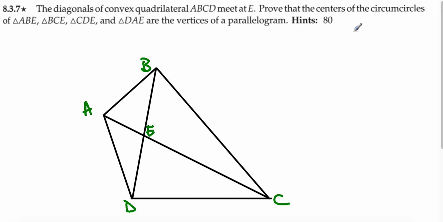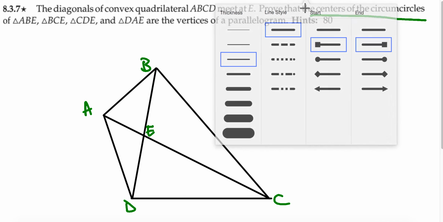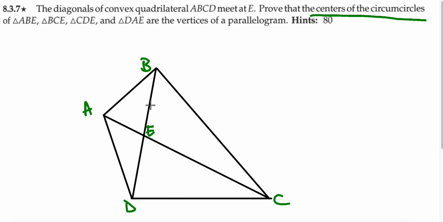All right, prove the centers of the circumcircles. How do you find the centers of the circumcircles? That means by the perpendicular bisectors. So then, what if I assume the perpendicular bisector of this line segment must be somewhere around here?